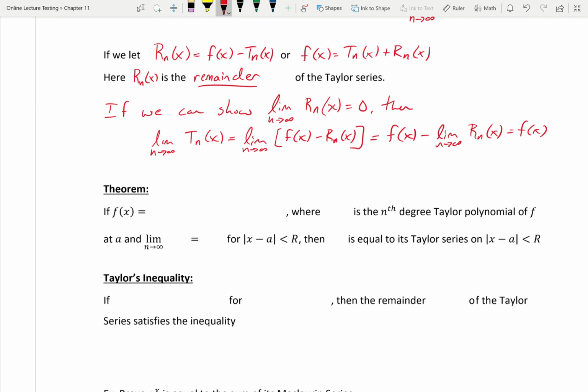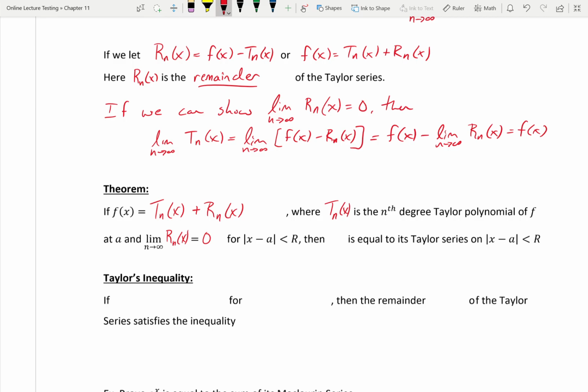All right. So if f of x is equal to the Taylor polynomial plus its remainder, where t sub n is the nth degree Taylor polynomial of f at a, and the limit of the remainder is equal to 0, and notice here we're talking about the radius of convergence.